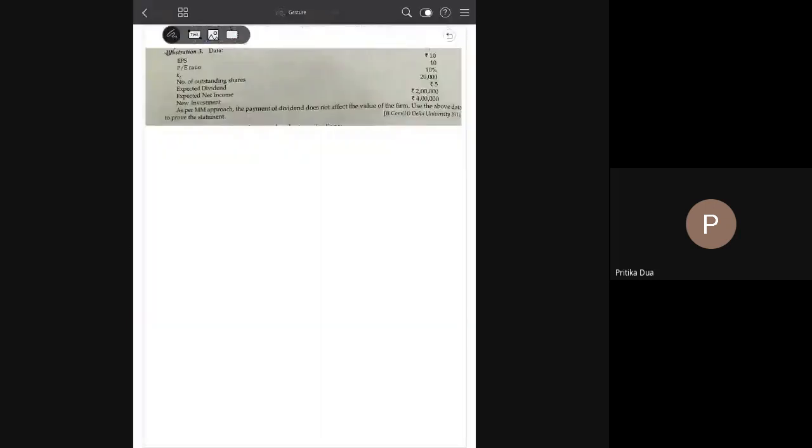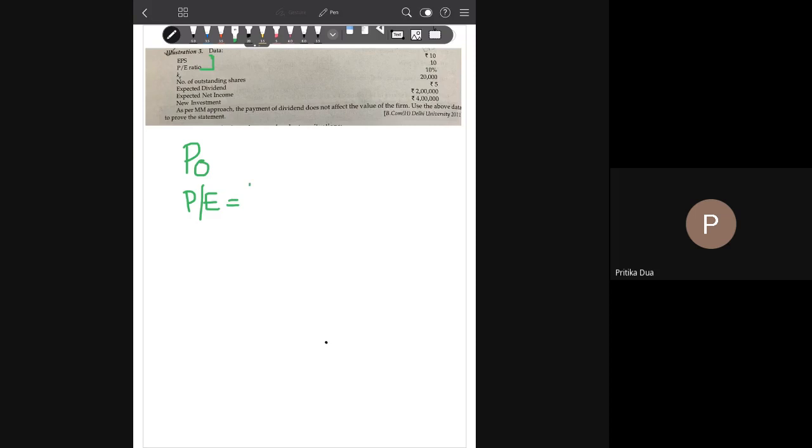You're given EPS, PE ratio, number of outstanding shares, expected dividend, and everything related, but you are not given the value of P0, which means that we are using the information given within the question to arrive at P0, and for that we will be using the EPS and PE ratio values. Now PE ratio is MPS upon EPS.